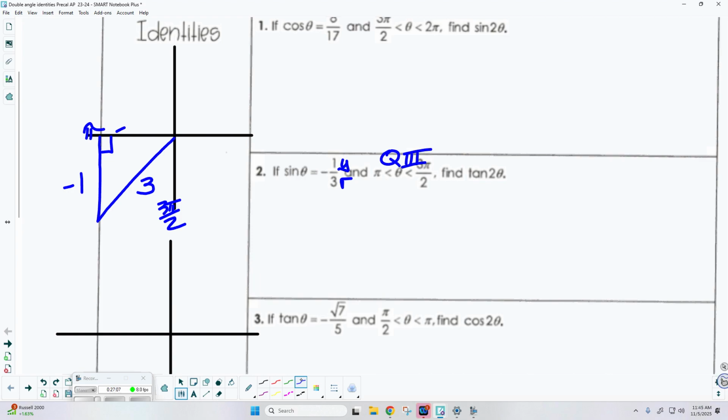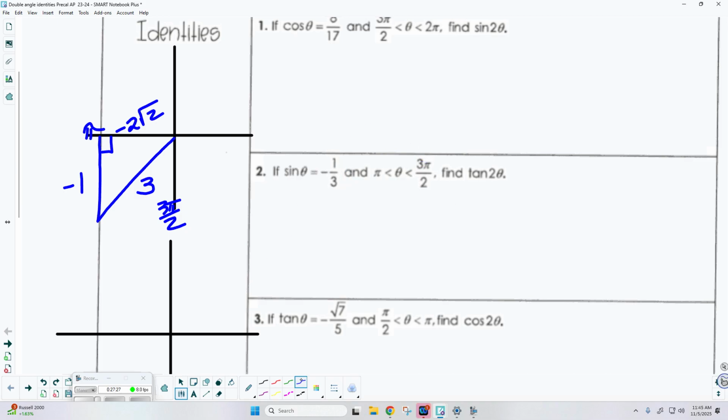There you go. Negative 2 square root of 2. Would anybody like me to go through the Pythagorean theorem? Buddy? Okay.